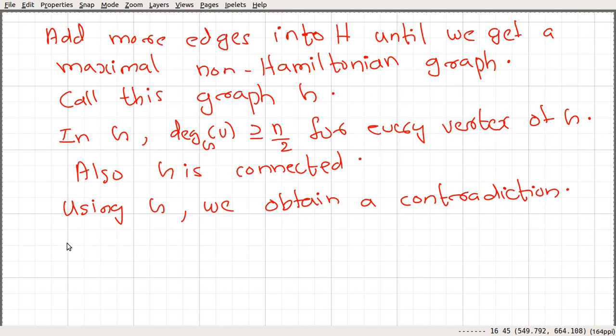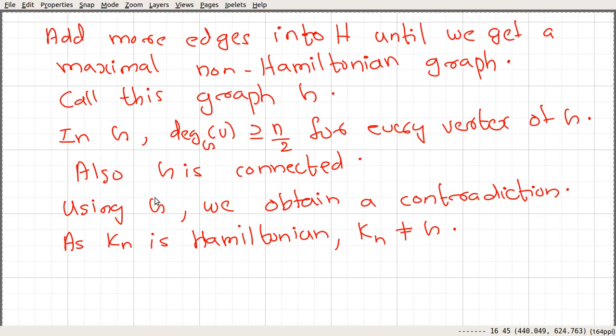We know K_n is Hamiltonian, so G is not equal to K_n. K_n is the complete graph on n vertices, surely Hamiltonian.